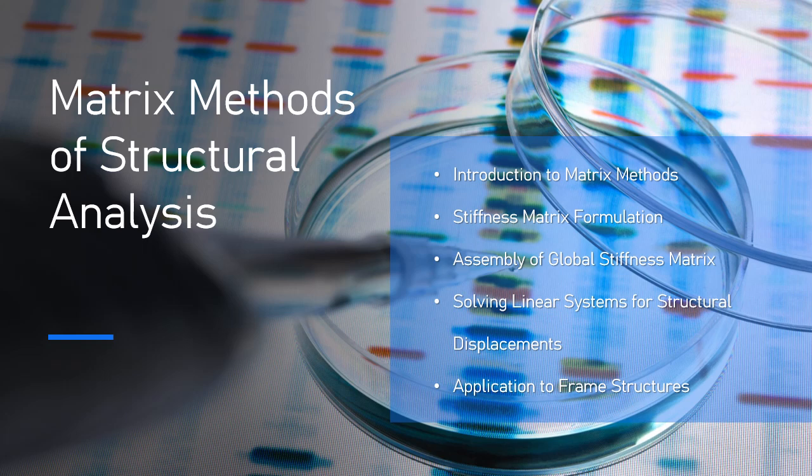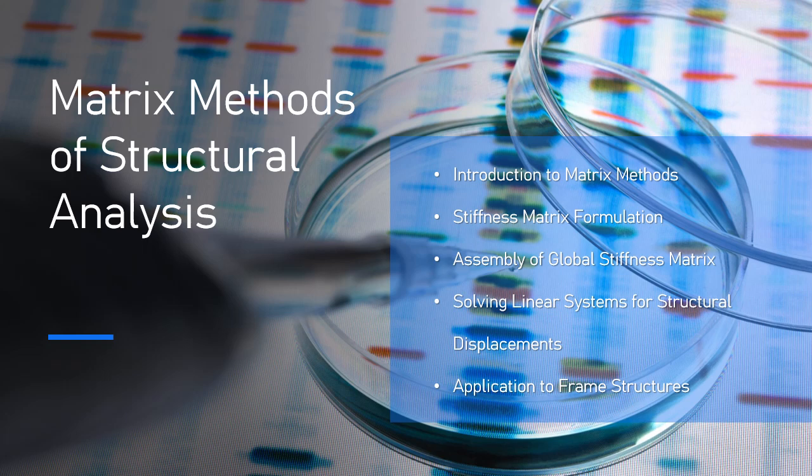3.1. Key concepts in assembly of the global stiffness matrix. The global stiffness matrix represents the overall behavior of the structure, and its size depends on the number of degrees of freedom, DOF, in the entire structure. Here are the key steps involved in assembling the global stiffness matrix. 1.